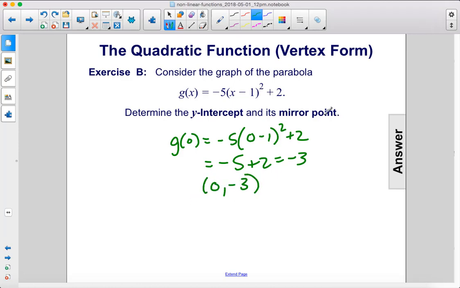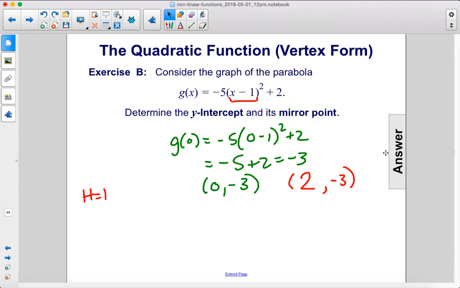Now to find the mirror point, the y value will be the same. So we have negative 3, but we're going to take our axis of symmetry and double it. In that case, our h, which is our axis of symmetry, is positive 1, because that is where this will become 0, and therefore this point, the mirror point, will be 2.